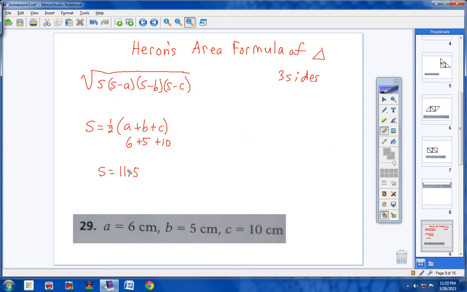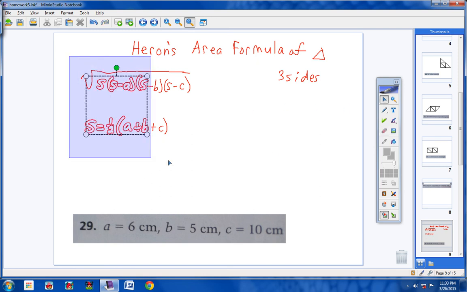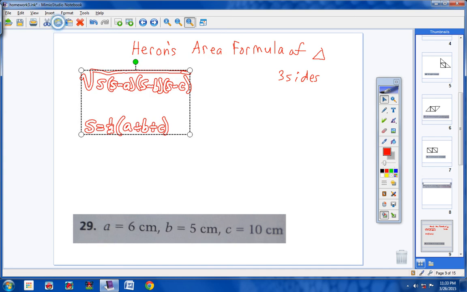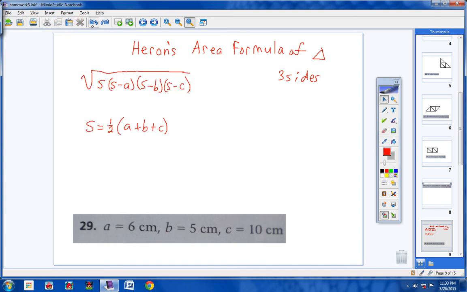So now that we know what S is, I need to keep this formula just for a second, so I can copy that over for the next 3 problems. So S equals 11.5, okay?